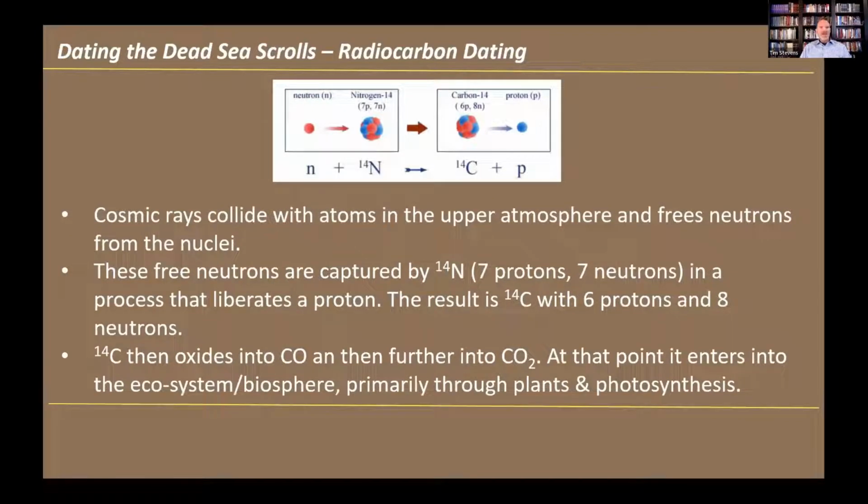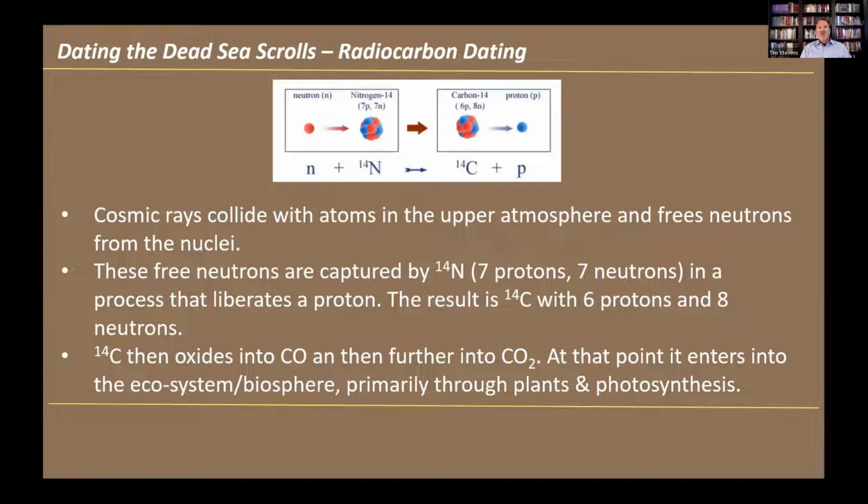Now let's talk a little bit about the creation. Cosmic rays collide with atoms in the upper atmosphere, as I mentioned, and this causes free neutrons to be produced from the nuclei. These free neutrons are then captured by nitrogen atoms, just 7 protons and 7 neutrons, in a process that also liberates a proton.